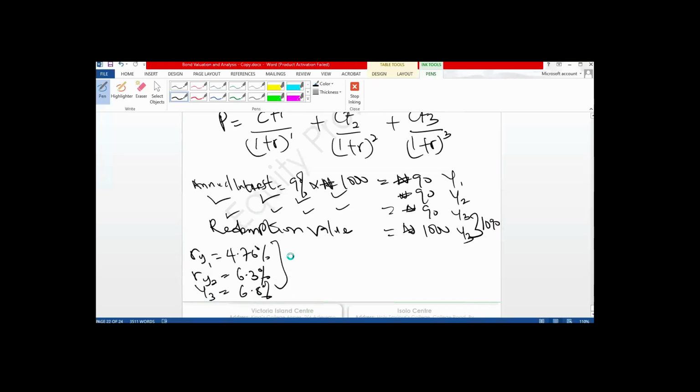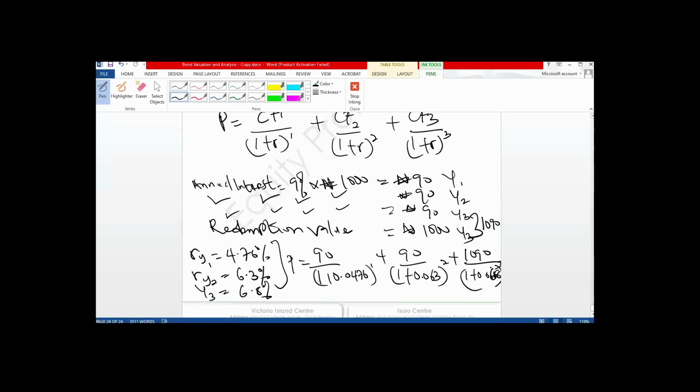That means the price is equal to cash flow in year 1, 90 over 1 plus 0.0476 raised to power 1, plus cash flow in year 2, 90 over 1 plus 0.0638 raised to power 2, plus cash flow in year 3, 1,090 over 1 plus 0.068 raised to power 3.